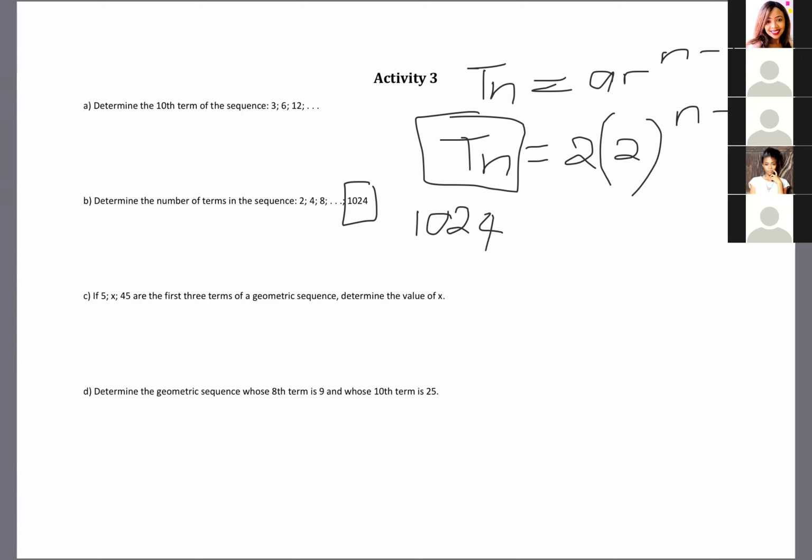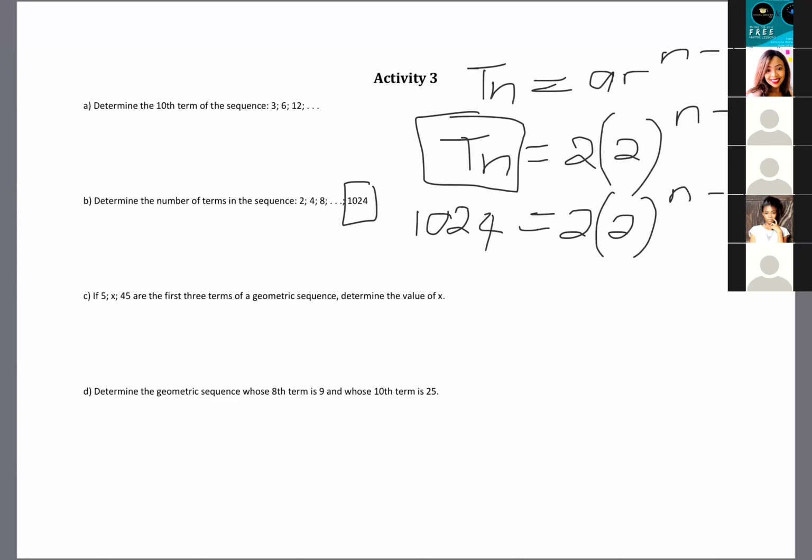To start, divide by 2. So when I take 1,024 divided by 2, I get 512 is equal to 2 to the power of n minus 1.